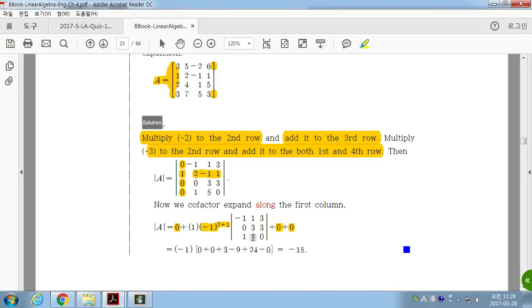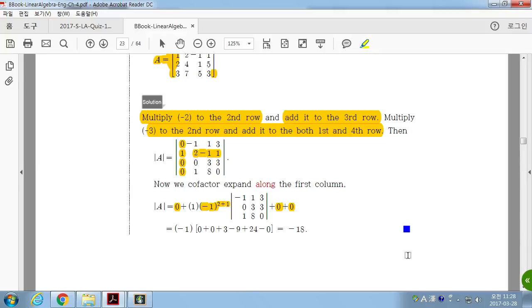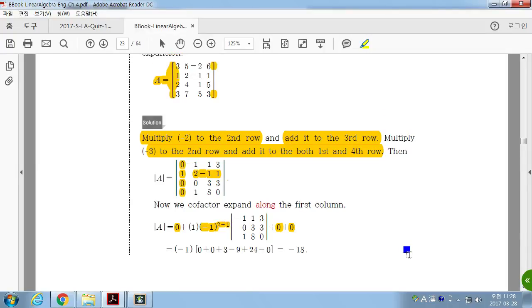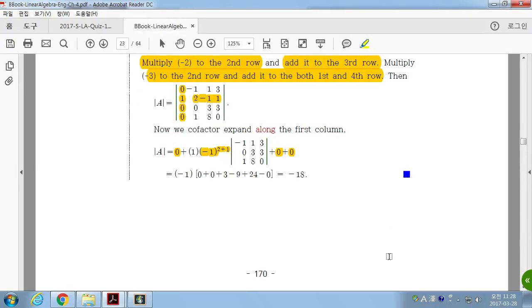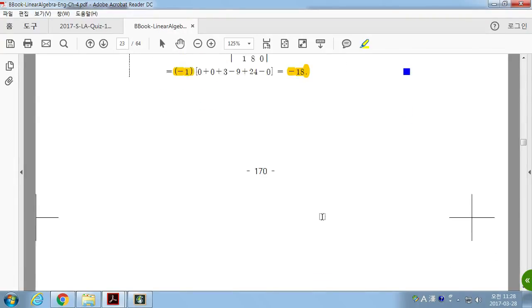So this turns out to be a very easy computation. That's the idea: the cofactor expansion can be used to find the determinant easily. The determinant of this is 18, so minus 1 times 18 is minus 18.